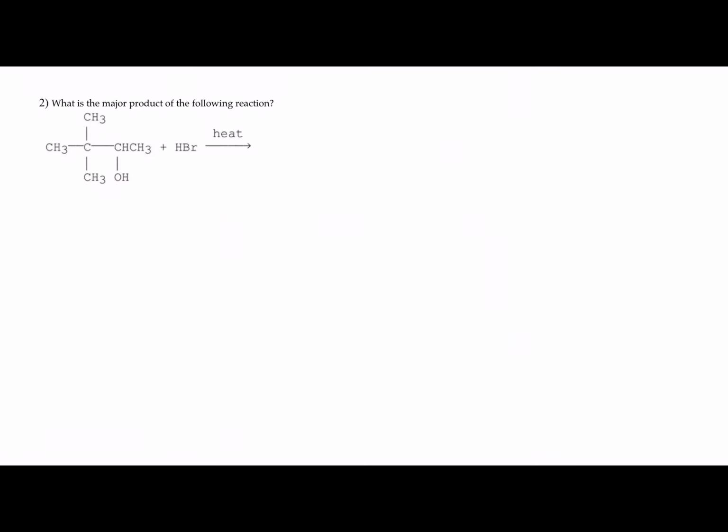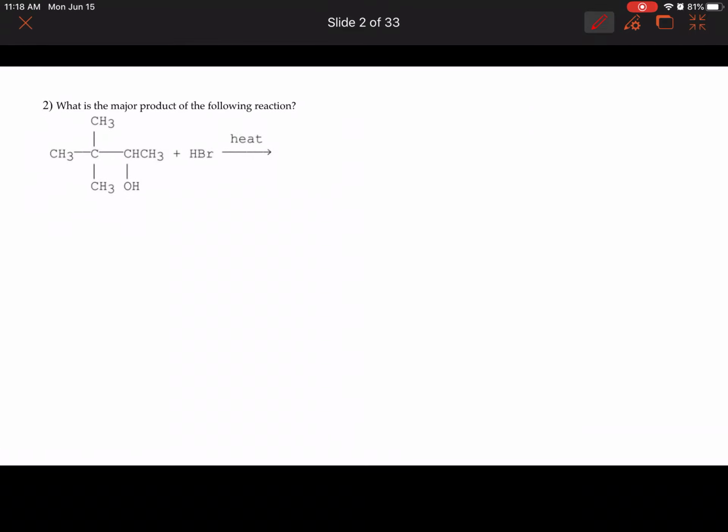And the second one: what is the major product of the following reaction? Now this one is a secondary alcohol, and when you add hydrogen bromide, again oxygen is going to react with HBr.